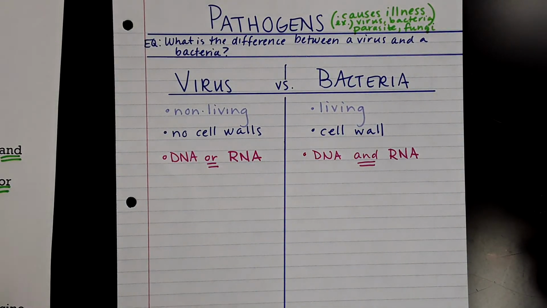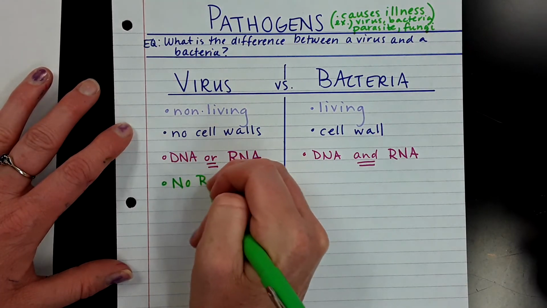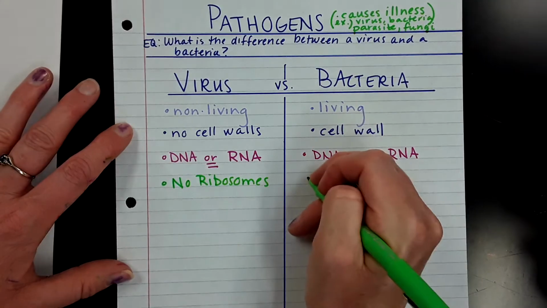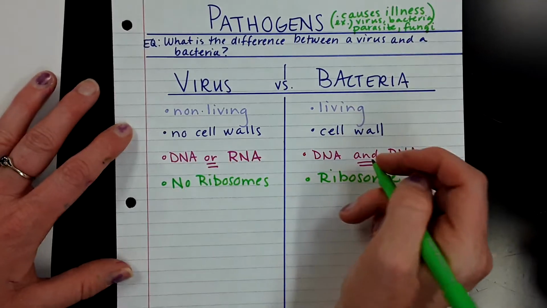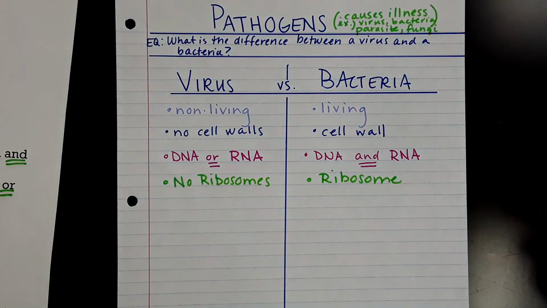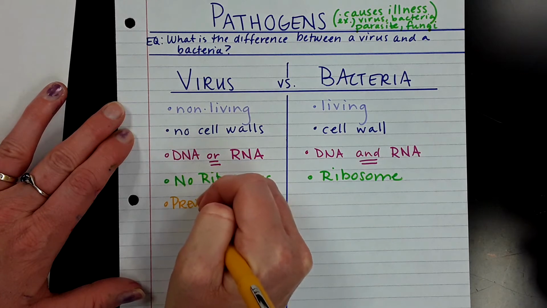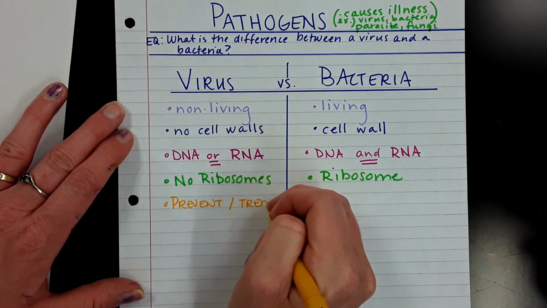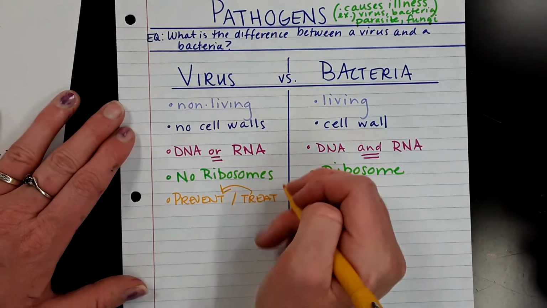When it comes to ribosomes, viruses cannot make their own proteins. They do not have ribosomes, the organelle that produces proteins. Bacteria do have ribosomes and make their own proteins. For treatment and prevention of a virus, the treatment is really prevention, the vaccine, which you get before you get sick.